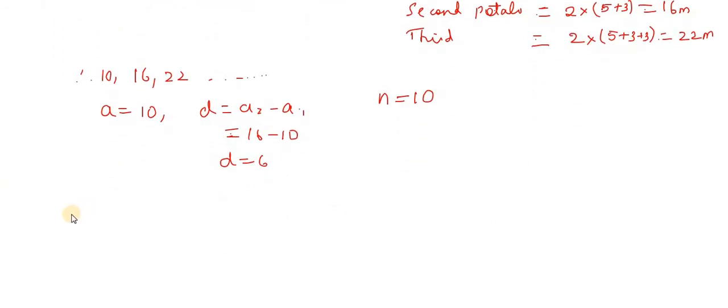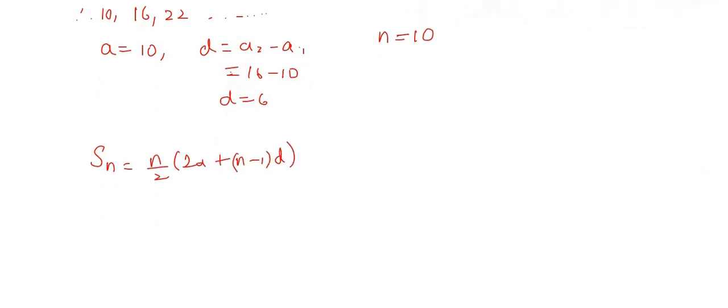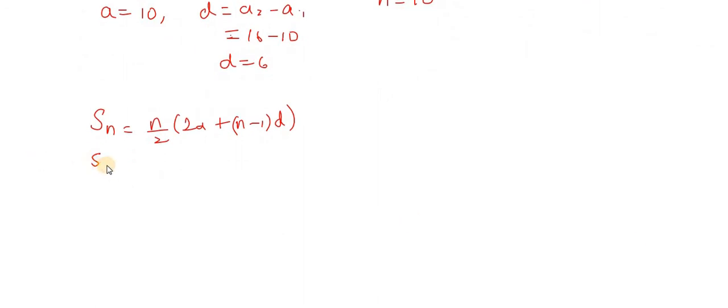Okay, so then what we need to do is find S10. We know Sn is equal to n by 2 into 2a plus n minus 1 into d. So therefore S10 is equal to 10 by 2 into 2 into a value, which is 10, plus n minus 1, that is 10 minus 1, into d value, which is 6.